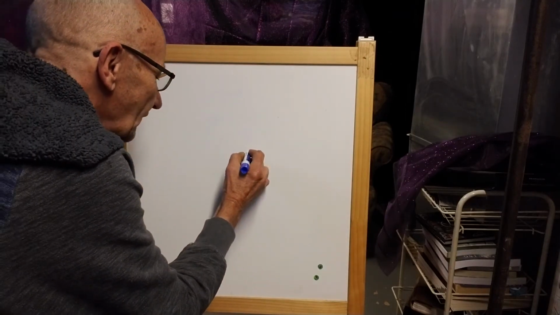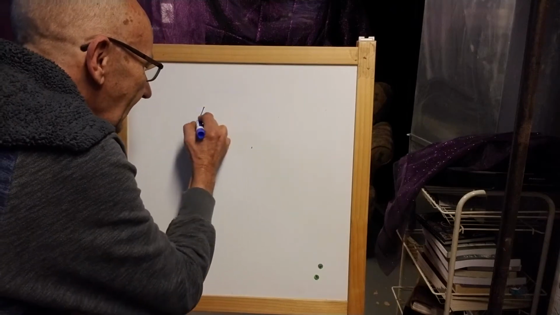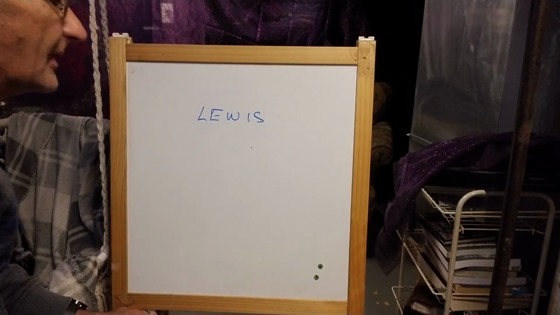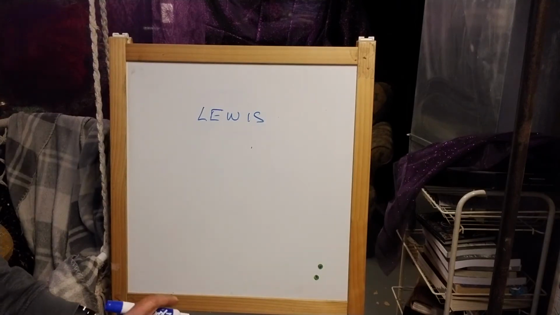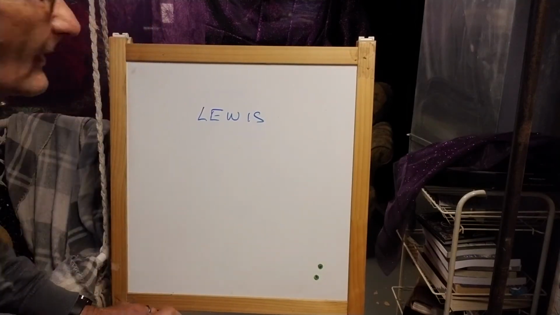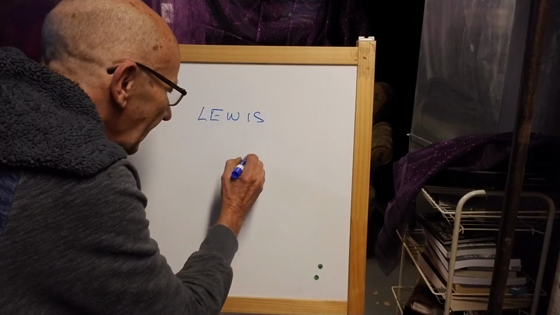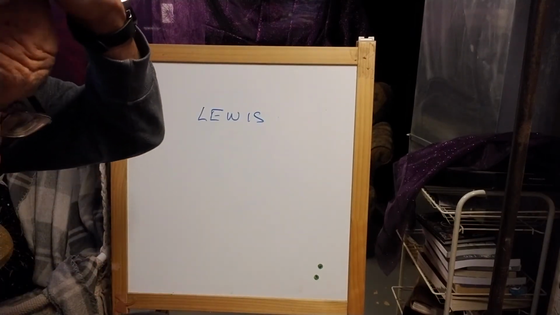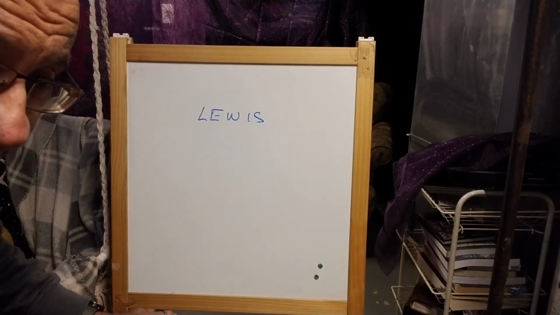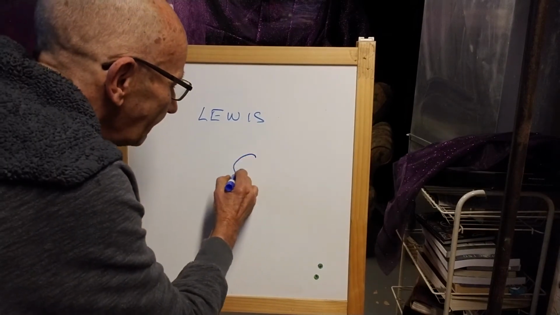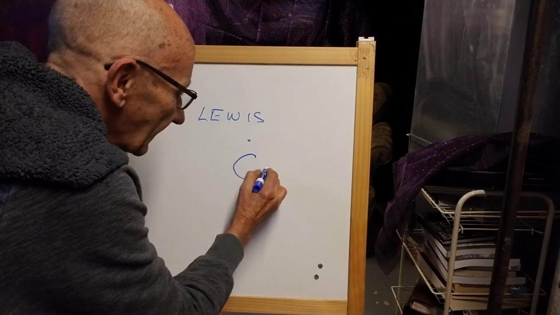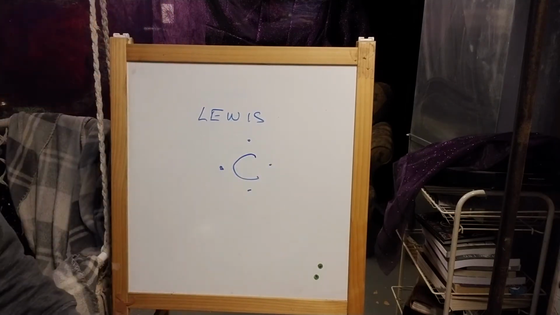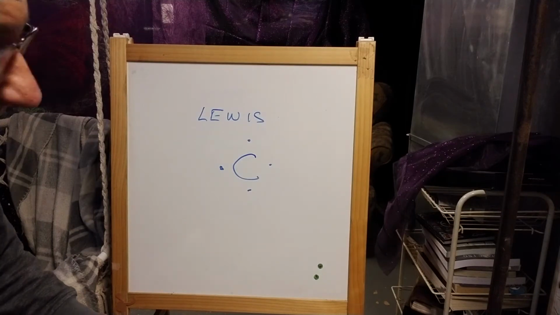So what you will see is what we call a Lewis structure. Okay? Carbon has, as an example, this can be done for any element, I'm just using carbon because it's such an important element. Carbon has 4 electrons in its outer shell, and a carbon atom would be depicted like that.